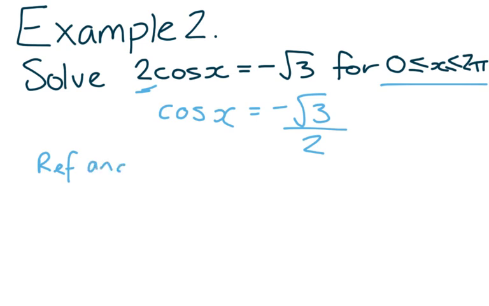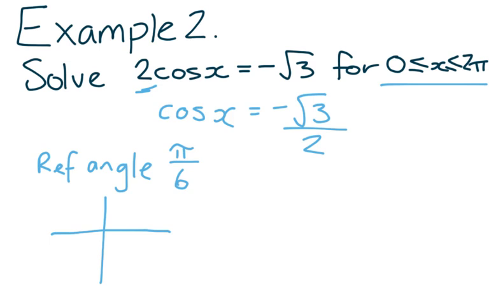Our reference angle for when cosine is equal to root 3 on 2 is pi on 6, because it would be 30 degrees. But we've got a radians domain, so we need a radians reference angle. Again, we draw up our CAST diagram.